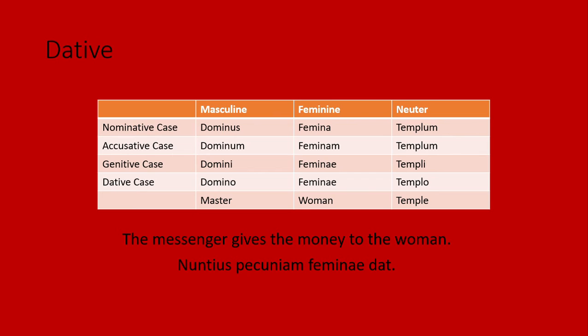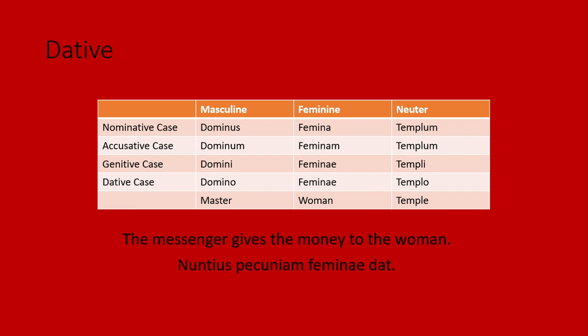Pecuniam, the money, is the direct object, because that is what's being given, so it is directly affected by dat. And feminae is dative, and it is the indirect object, because the money is being given to the woman.